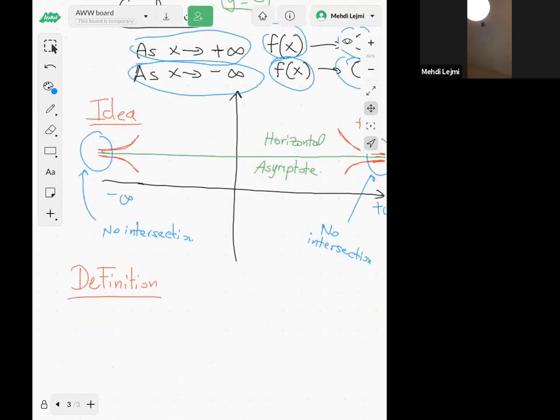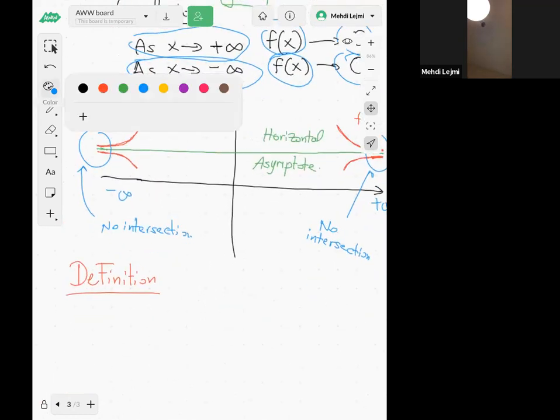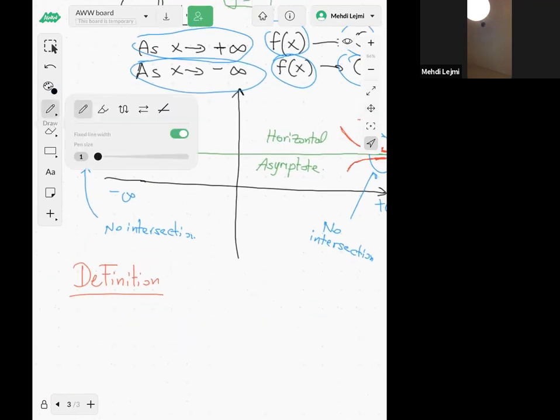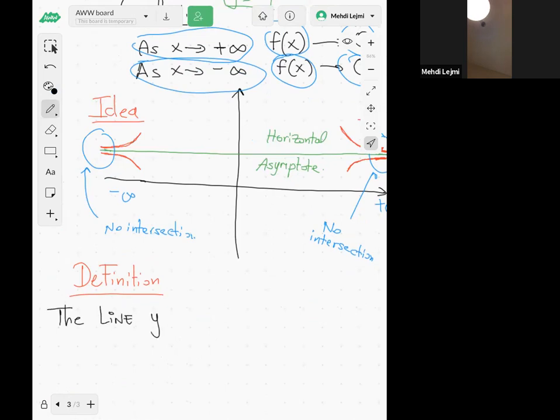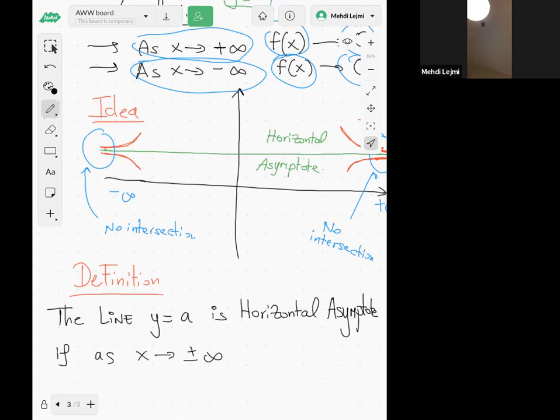The line y equals a is a horizontal asymptote if, as x approaches infinity, either positive or negative, the values of the function f approach some finite number, so they approach this a.